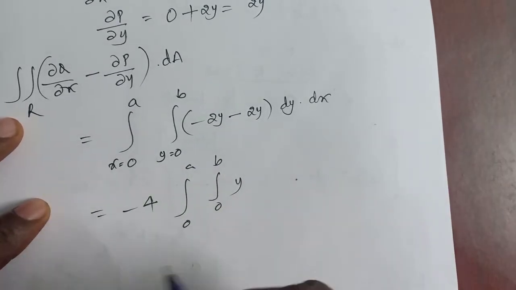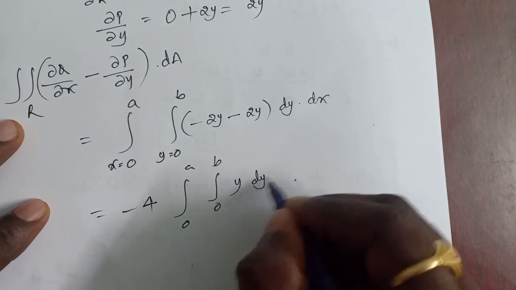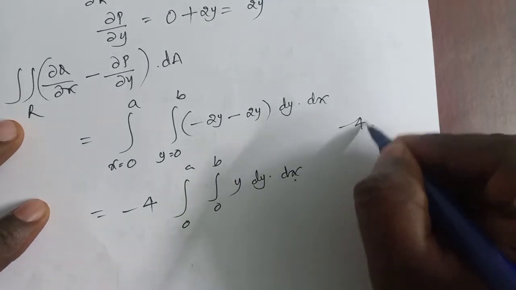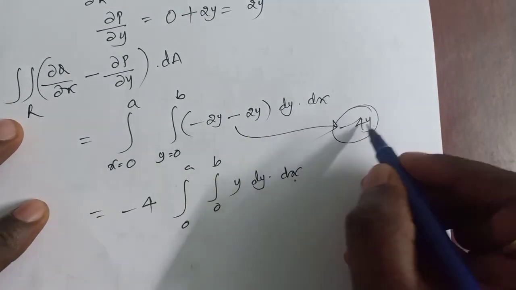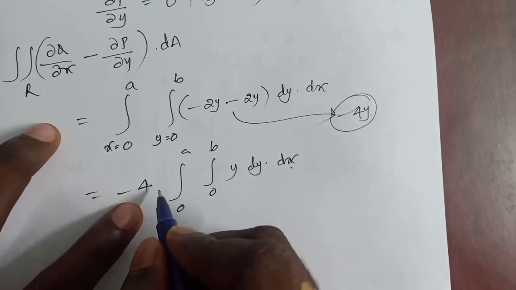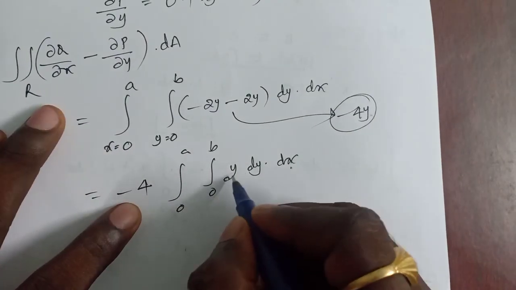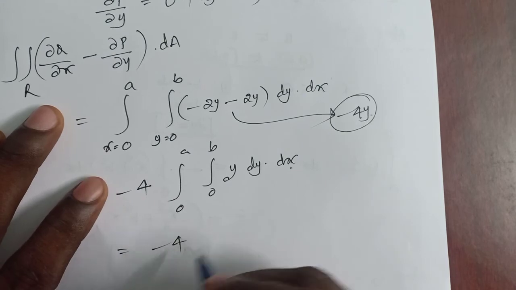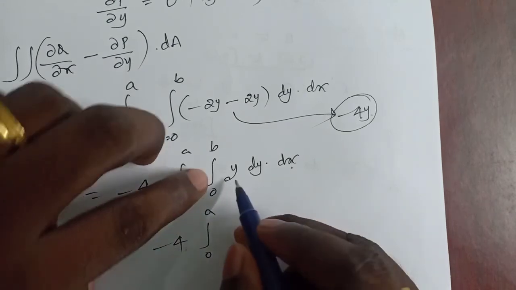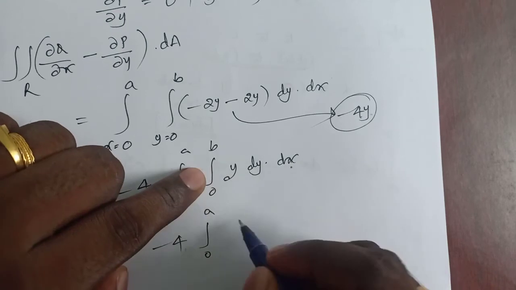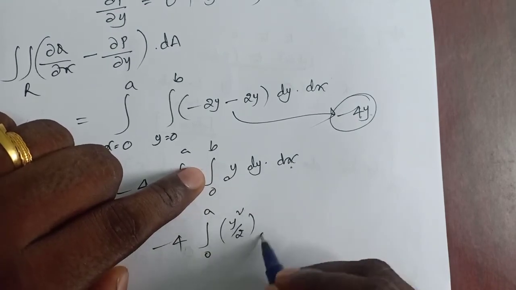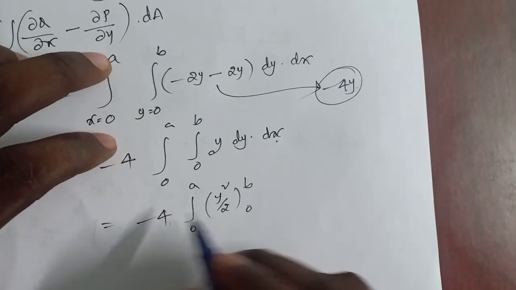So here we have y dy dx. Clearly here we have minus 4y, so minus 4 is a constant, put it outside. What is left alone? y. So minus 4 integration from 0 to A. Integration of y is y square by 2, and the boundaries are 0 to B. Now substitute the boundaries.